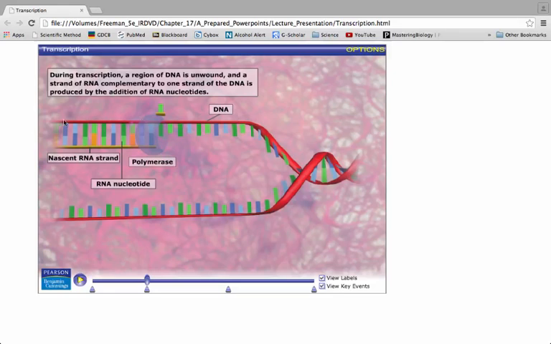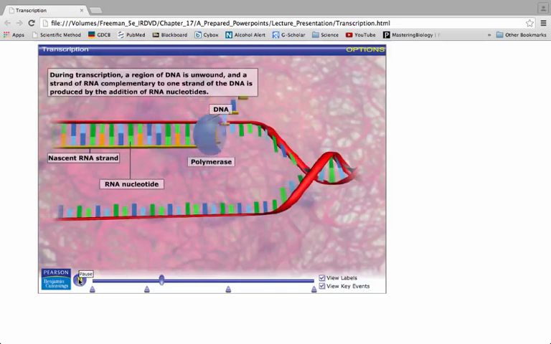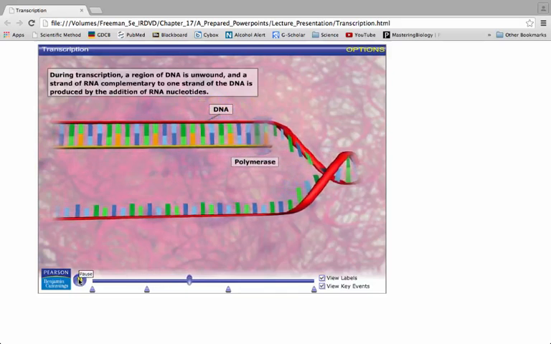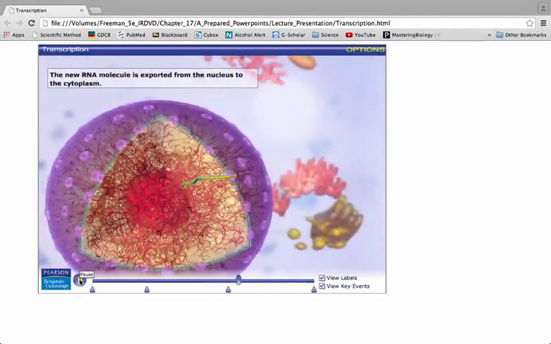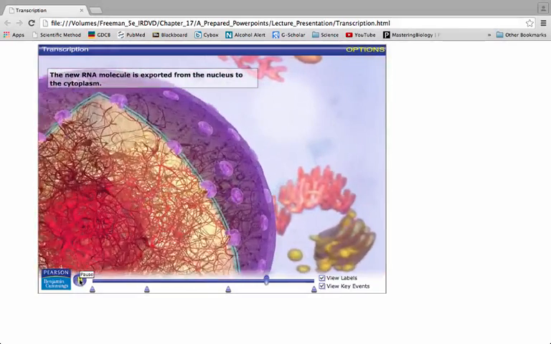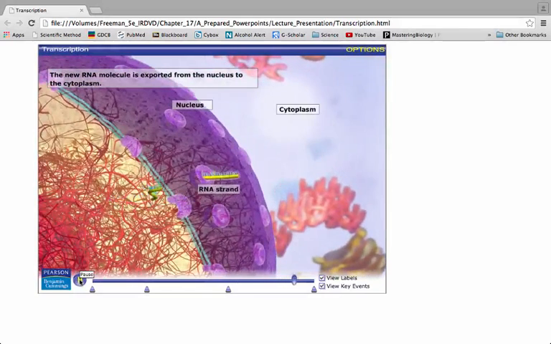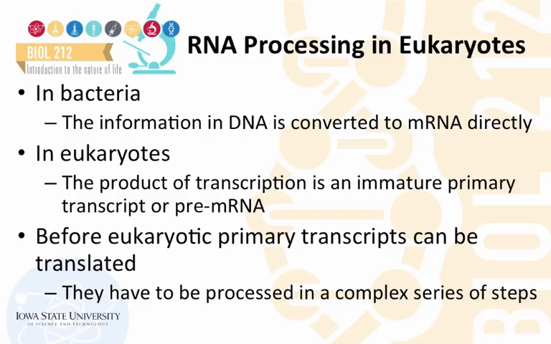So this strand in DNA serves as the template strand, which directs the synthesis of the new RNA strand. The newly synthesized mRNA strand can now exit the nucleus into the cytoplasm.